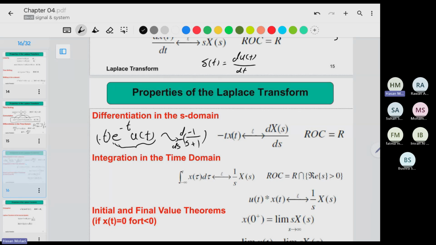What is the differentiation of this one? It's 1 over (s plus 1) to the power of 2, so 1 over (s plus 1) squared.